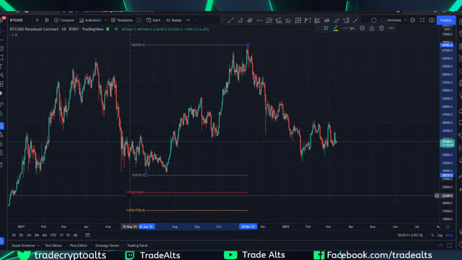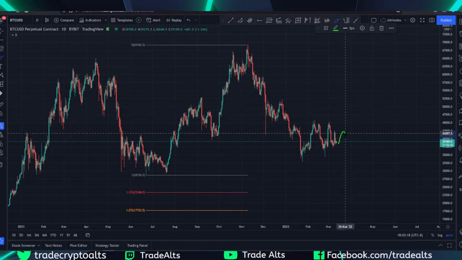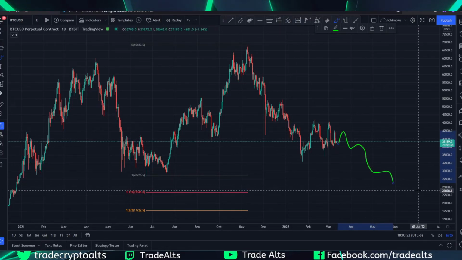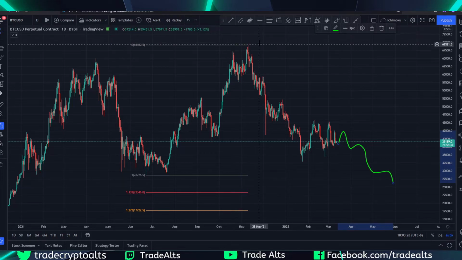Well, what's the 1.133 expansion to the downside? So again, let's say price does this, loses this low, starts working its way down. Well, the same level here that basically called your high was pretty close.